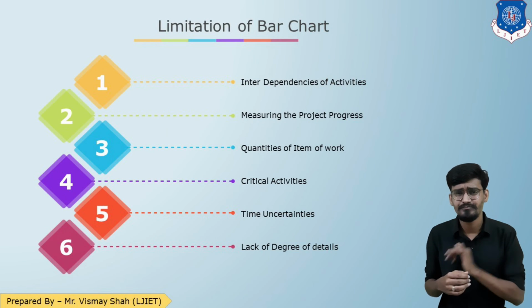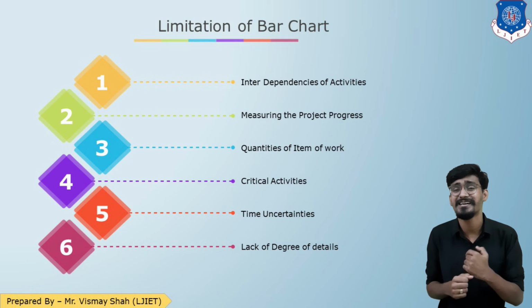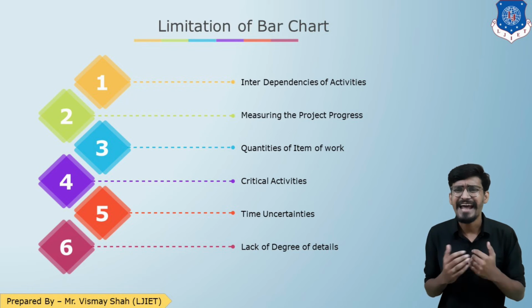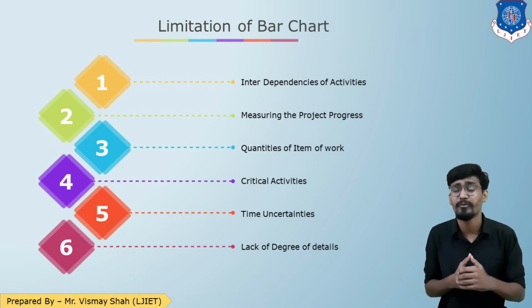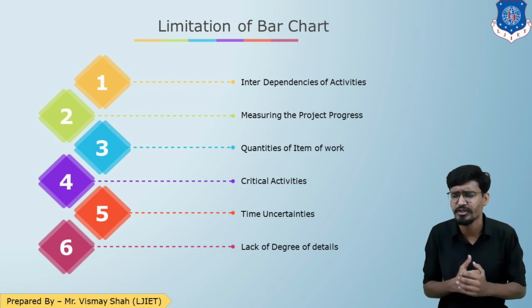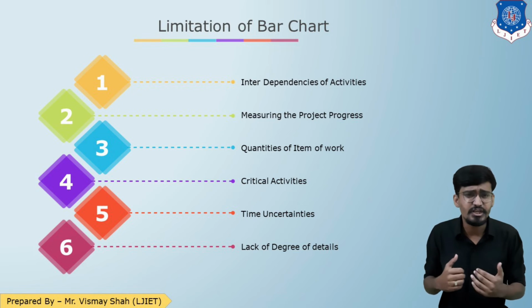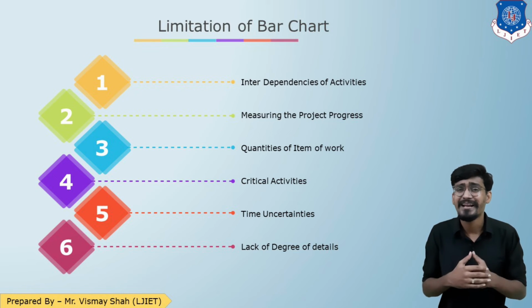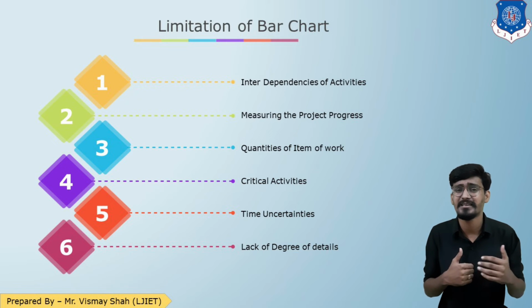Coming back to the list of limitations, the next limitation is time uncertainties. Students, when we talk about construction management, we generally think about building construction, or the construction of a residential or commercial building. But in construction, projects vary. There are research and development projects, dam projects, bridge projects, long highway projects, and even space-related projects.